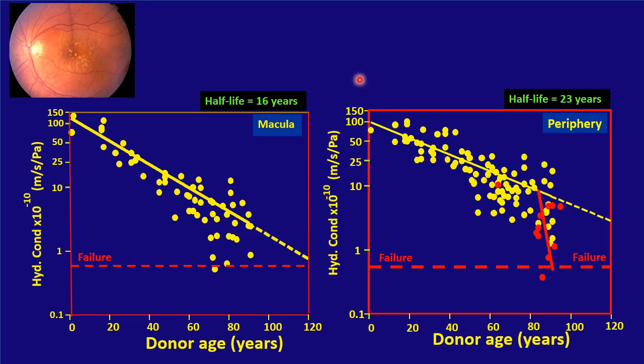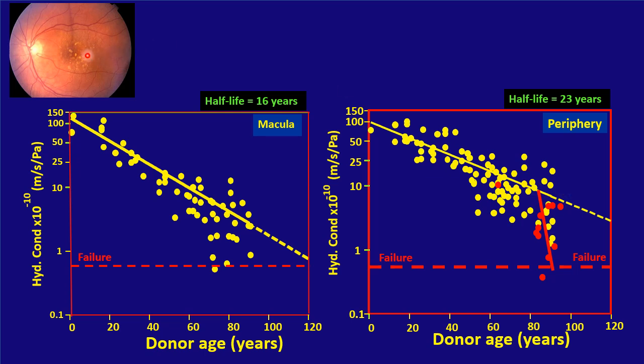We know that at macular sites of normal subjects, the hydraulic conductivity of Bruch's decreases exponentially with age. This exponential decrease also occurs in the peripheral regions of the fundus, but at a much slower rate. So what's happening in AMD?